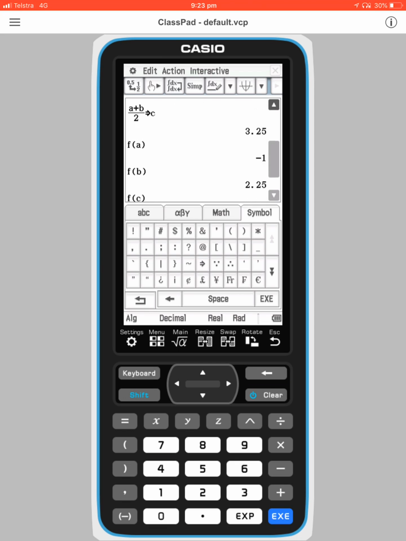Because it's positive, we replace B. It becomes 3.25. Because it's negative, we replace A with 3.125. Because it's positive, we replace B with 3.1875. Because it's negative, we replace A with 3.15625.